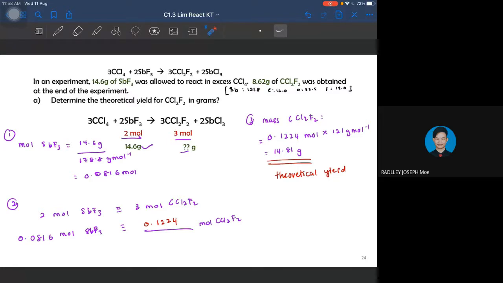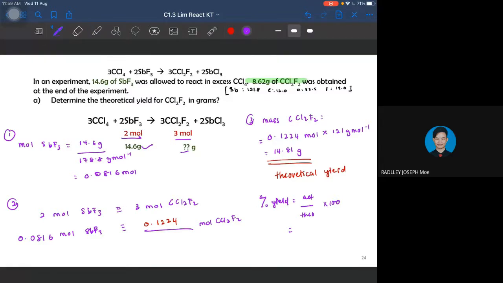Okay. So, from this question, macam mana nak cari percentage yield? Equals to actual divided by theoretical times 100. Okay. So, actual yield dah diberikan dalam soalan.